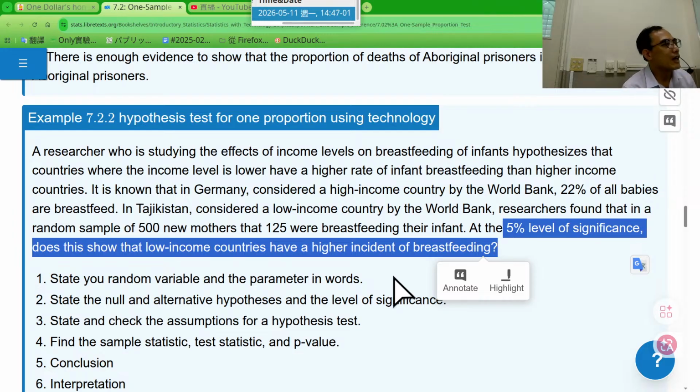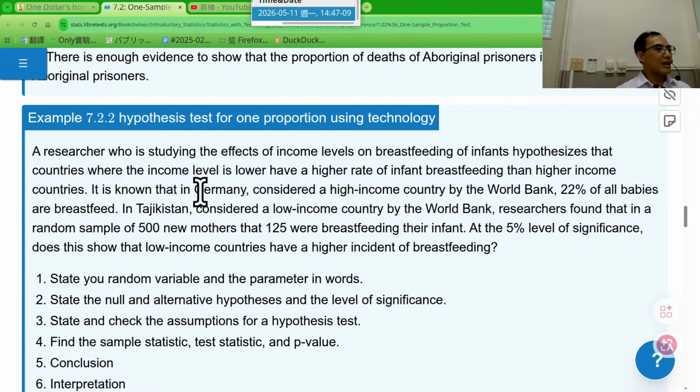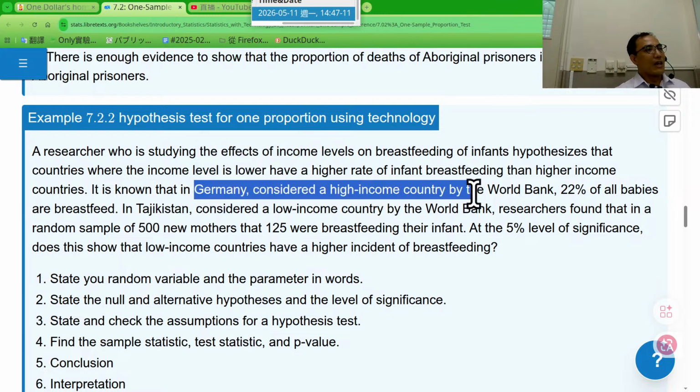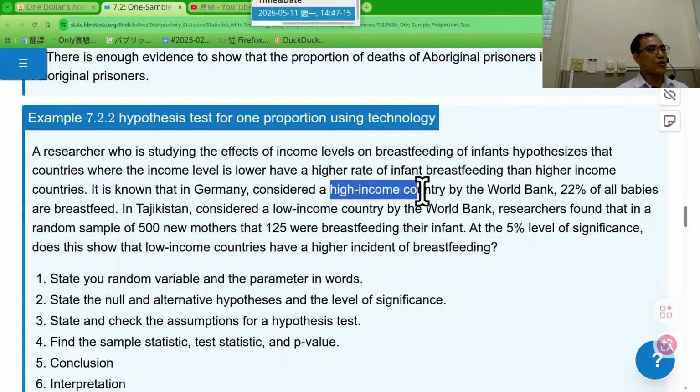Okay, again, let's analyze the question. Generally speaking, Germany is a high-income country. Sure, recently Germany has had its own problems, but we don't discuss those.